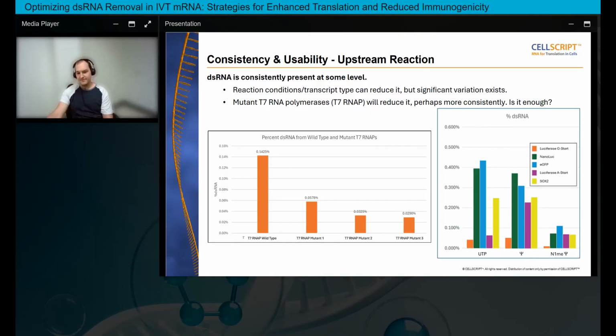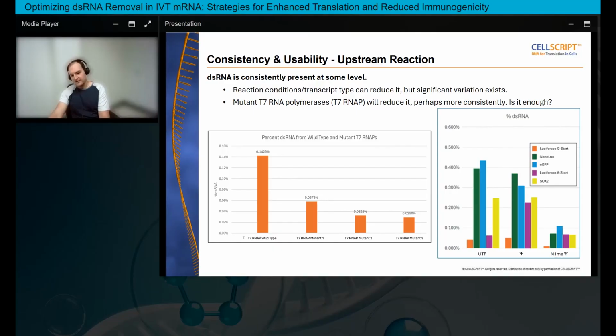And I think that the overall idea of double-stranded RNA is that it's always present at some level. You can try and struggle to make clean samples using prevention, in this case in the upstream reaction, but it's always going to be there. Now, how much is there is really what everyone is trying to figure out.